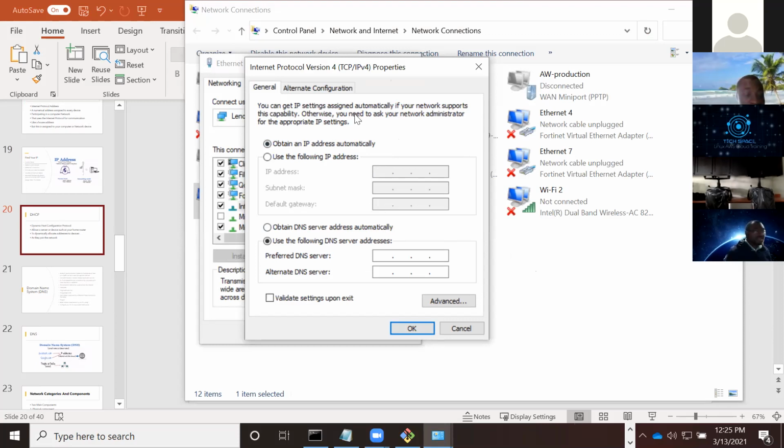All right, cool. So when I say obtain an IP address automatically, I'm telling the DHCP server, which uses the DHCP protocol, to assign that address to my computer. I don't want to configure the IP address by myself. I want my computer to be assigned an IP address by the DHCP server.